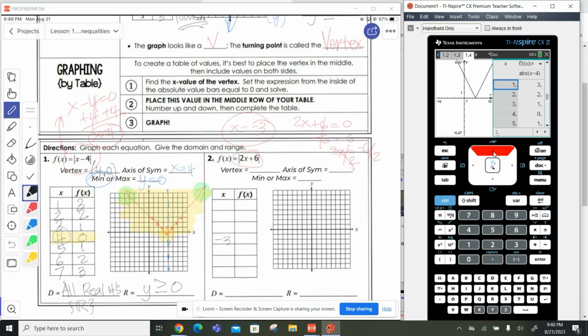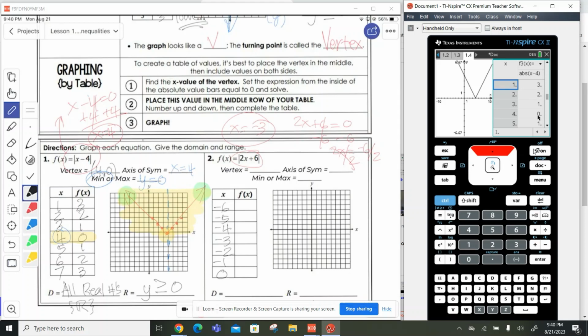Then we have negative 4, negative 5, and negative 6. Then below, negative 2, negative 1, 0. Okay, now let's complete the table by typing the given function in the calculator.